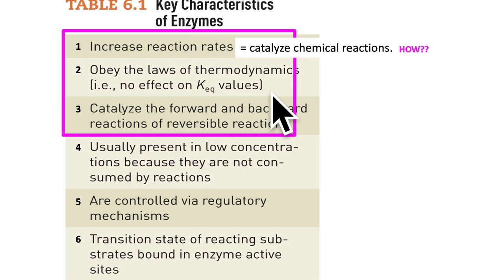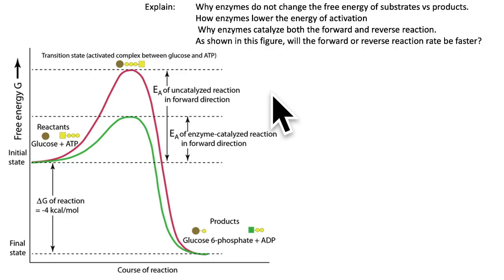What does that mean? Well, when you take an enzyme to speed up the transition between glucose and ATP versus glucose 6-phosphate and ADP, how will that at equilibrium affect the concentration of glucose plus ATP versus that of glucose 6-phosphate plus ADP? Please answer.